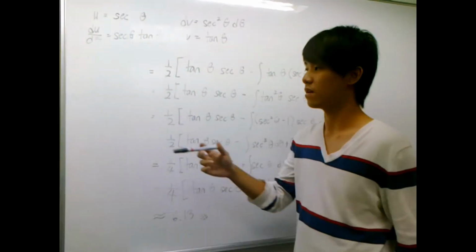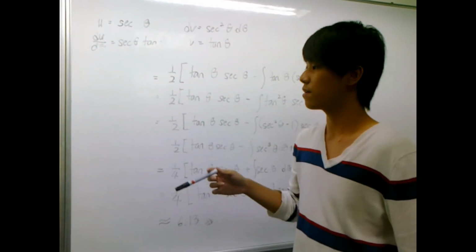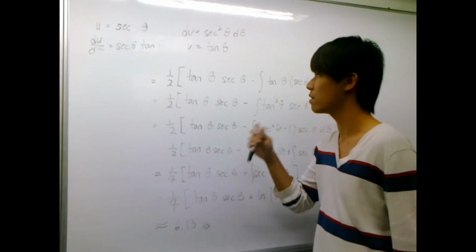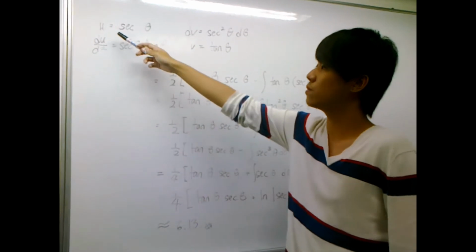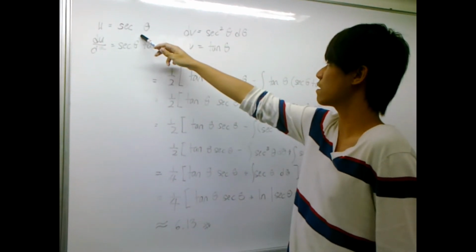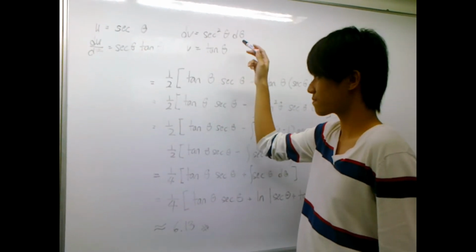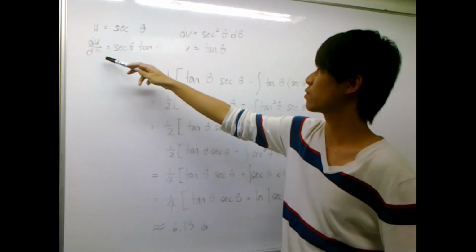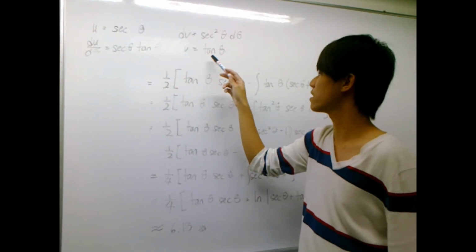Previously we were left with half the integral of secant theta times secant squared theta, and from there on we'll have to use integration by parts. We'll let u equal secant theta and dv equal secant squared theta d theta. And du d theta equals secant theta tangent theta, and v equals tangent theta.